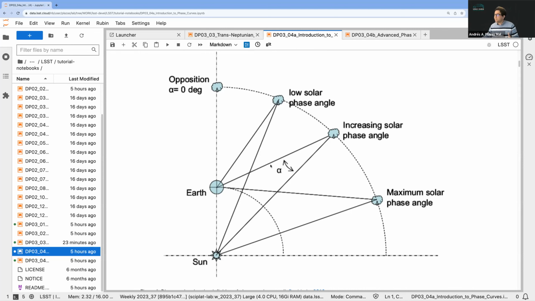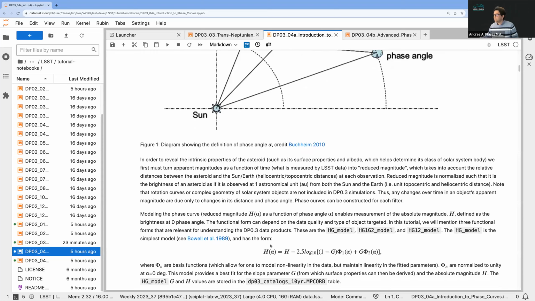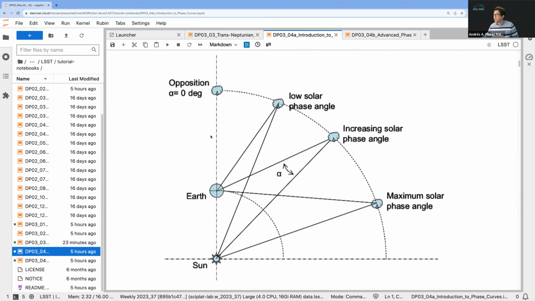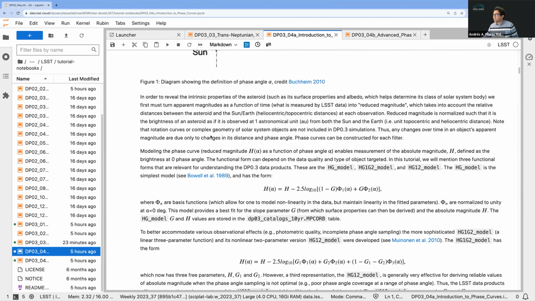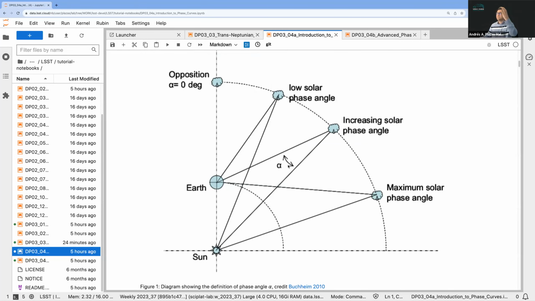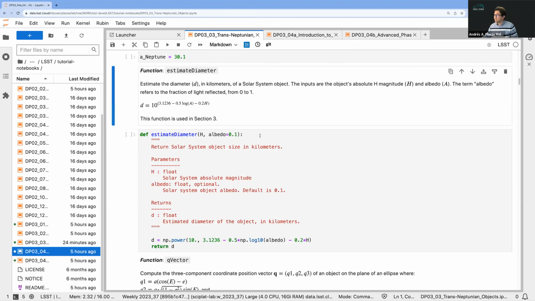So you can define a phase function, H as a function of this phase angle, and when this phase angle is 0, you have the absolute magnitude H that I'm talking about. These phases are like the phases of the moon, but doing something analogous with the objects of the solar system. Okay, I don't want to go too much into that tangent. I'm just going to say that there's a more detailed description of this parameter in the other tutorials that I encourage you to look at.